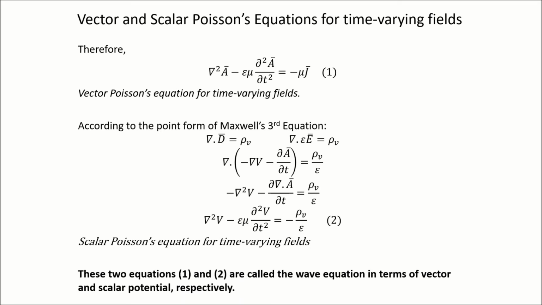The vector Poisson's equation solely depends on magnetic field terms like A and J, and the scalar Poisson's equation solely depends on electric field terms like V and rho V. Unlike Maxwell's equations, where the electric field and the magnetic field are coupled, the scalar and vector Poisson's equations are called the wave equations in terms of scalar electric potential and vector magnetic potential respectively.